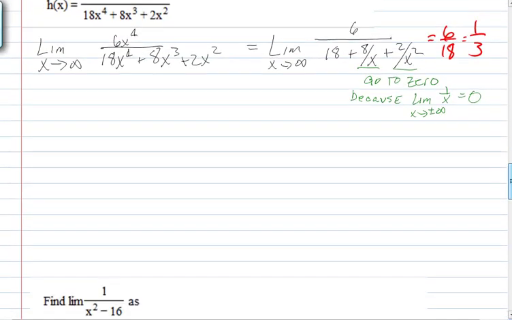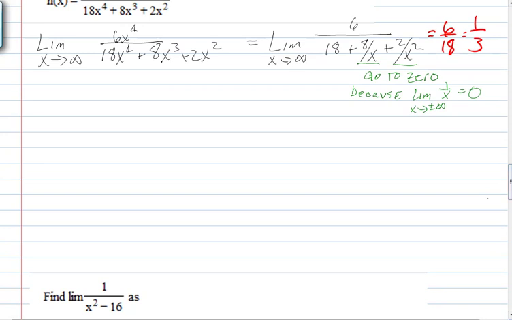All right, now I'm going to summarize the rules from algebra for you. These are the rules that apply to horizontal asymptotes. You can either go through the algebra and the calculus approach, or you can just look at the problem and remember these rules. I don't care, whatever makes you happy.